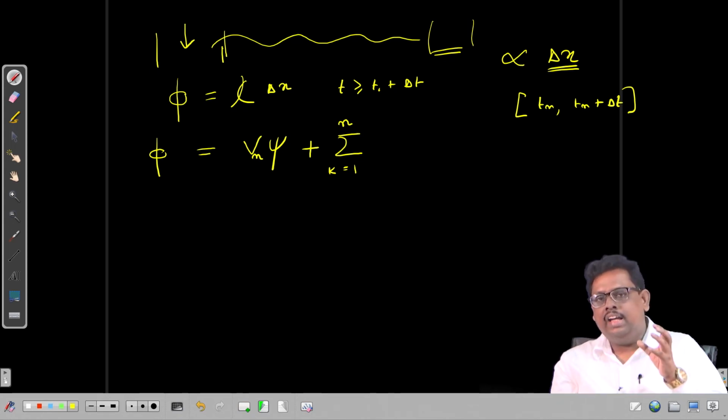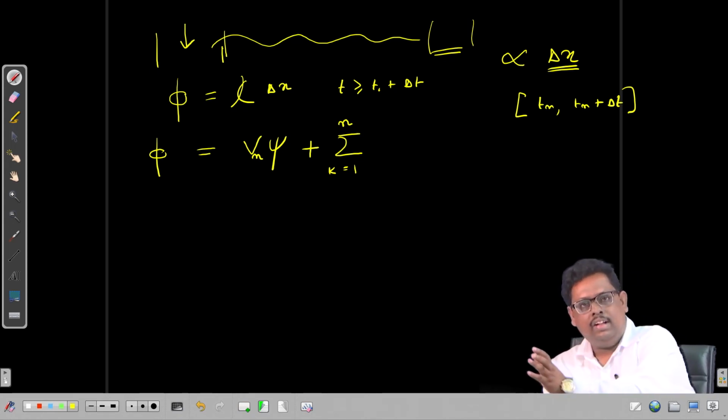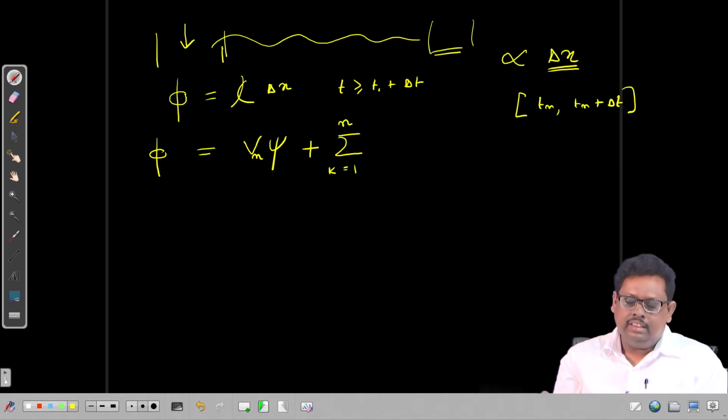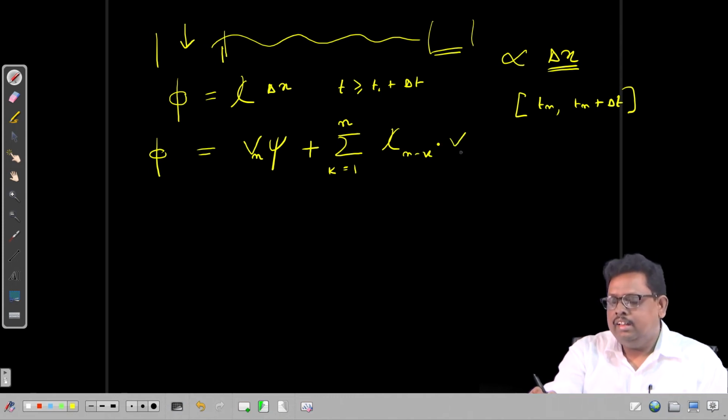I have to count all the effect, and this is chi n minus k multiplied by some impulsive displacement delta xk.